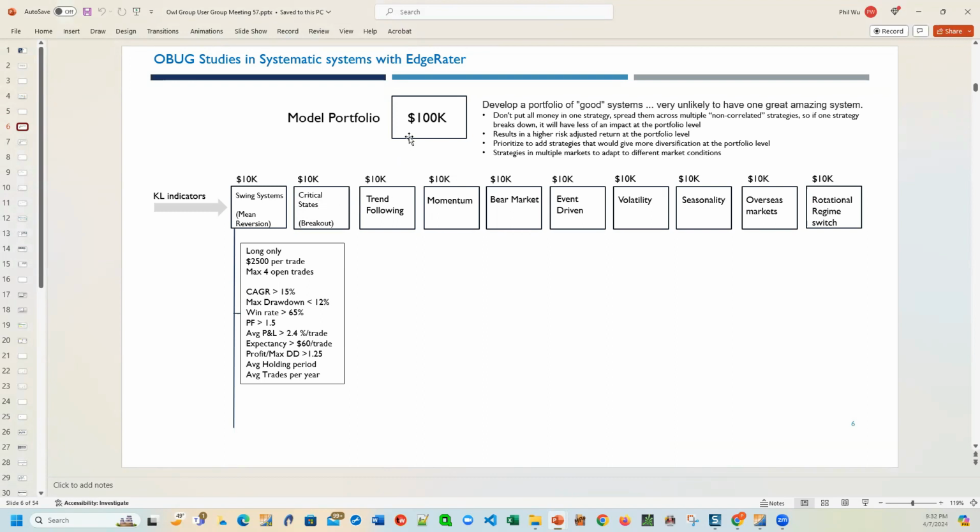And then, so we spread 100K across 10 different systems so that we have diversification, strategy diversification.